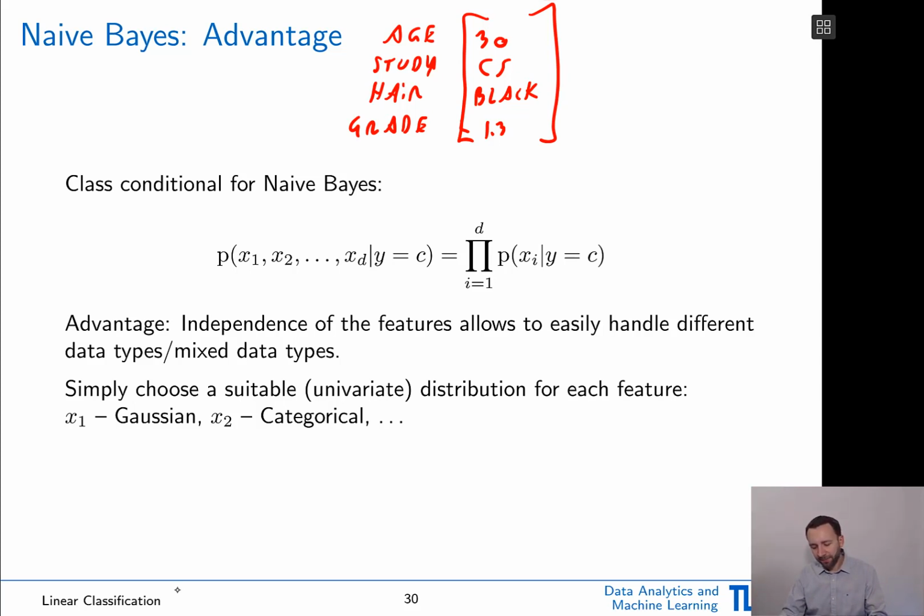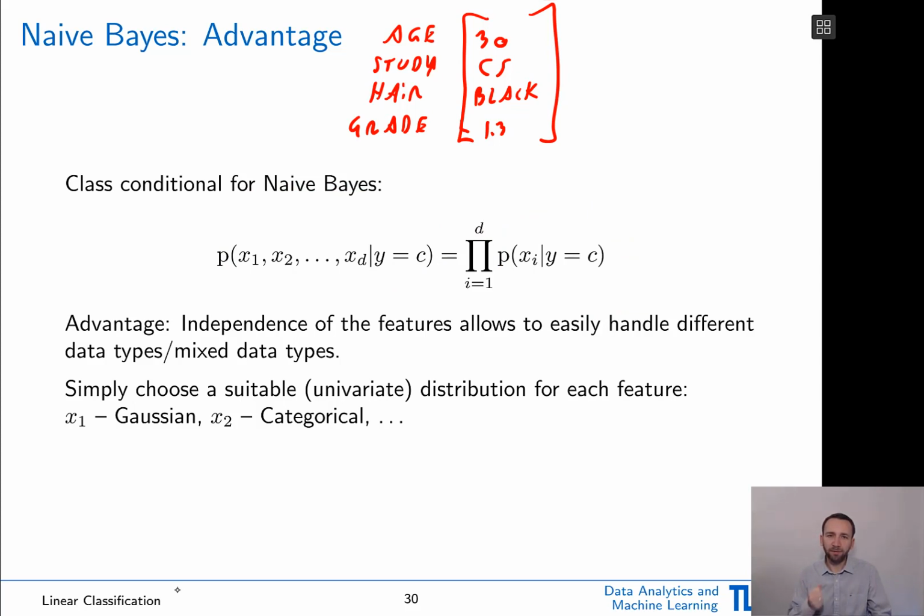Since these are only one-dimensional distributions, we usually have a default distribution available for all of these: Gaussian, categorical, exponential, and so on. We can just take all these individual univariate distributions and multiply them, and then we get our prediction. So this is a big advantage of naive Bayes.